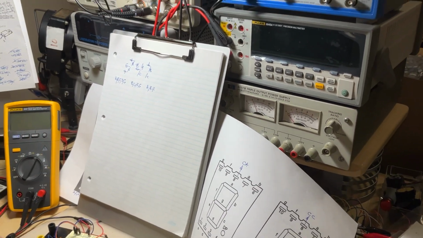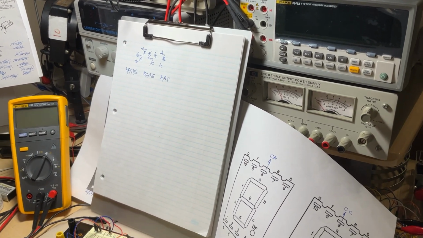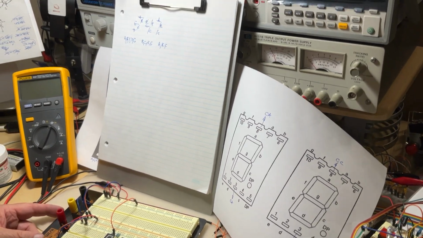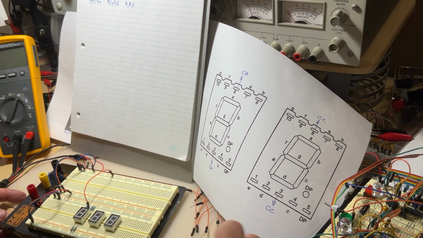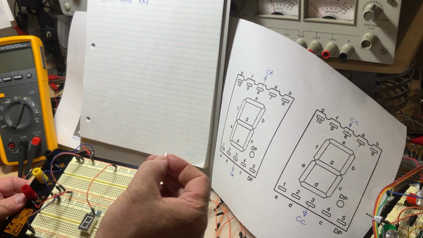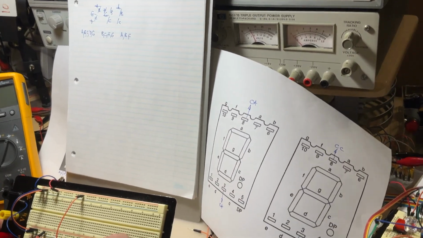Remember, it's always better to do connections with power off. So we have the B. B is right here. Last pin on the right, which is the pin 6.